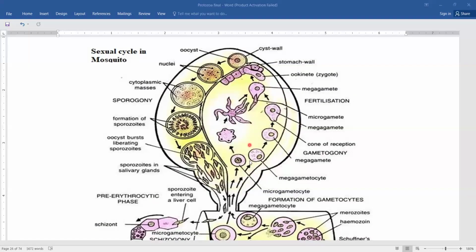Okay. So now the various developments or changes that occur in the gut of the female Anopheles mosquito constitute the sexual reproduction or life cycle of the plasmodium or malarial parasite in the mosquito.